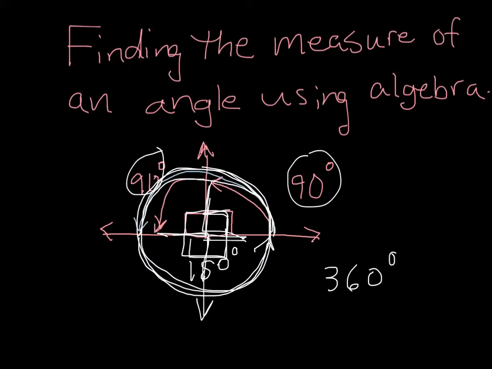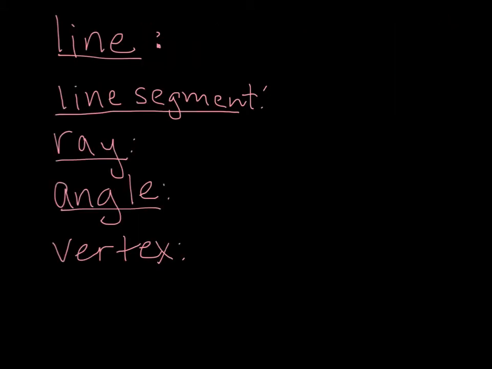Okay. Now that I've made a mess, let's clear that up. Okay, so let's continue by discussing some vocabulary. In geometry, we have a few different vocabulary terms that it's important for you to be familiar with. The first is the word line.